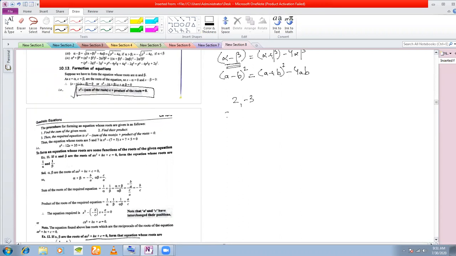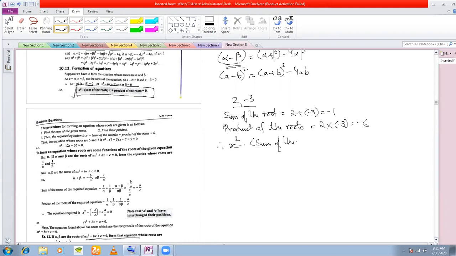So here, what is the sum of the roots? 2 plus minus 3, which is minus 1. And what is the product of the roots? 2 into minus 3 is minus 6. So therefore, what is the quadratic whose roots are 2 and minus 3? x square minus sum of the roots x plus product of the roots equal to 0.